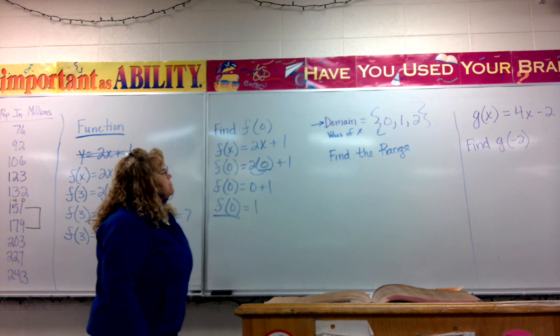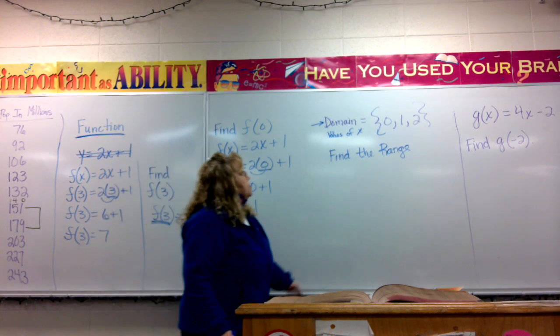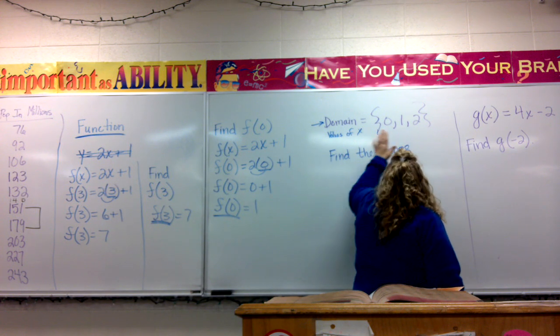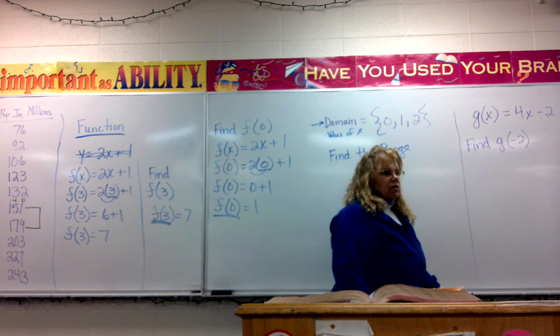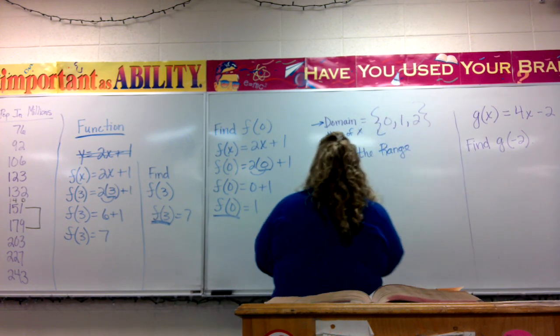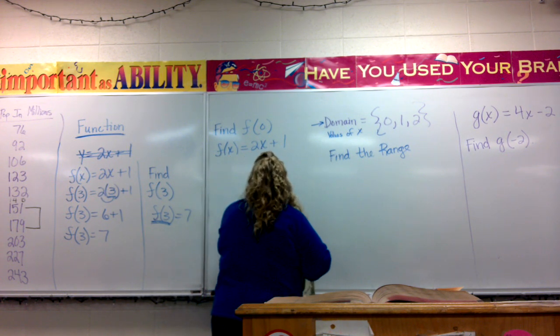So when they give you the domain is 0, 1, and 2, they're telling you they want you to plug in x is 0, x is 1, and x is 2. Those are the values they're going to ask you to plug in.